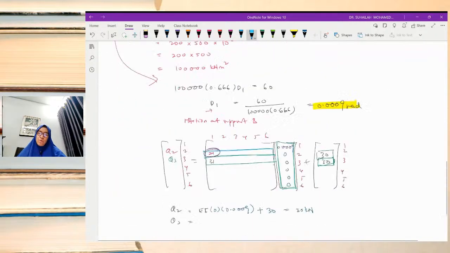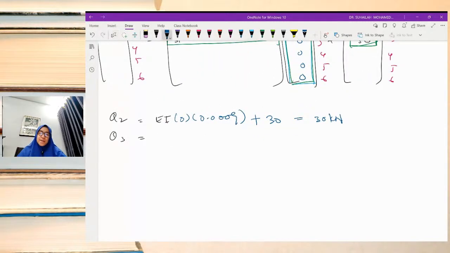We have 0.0417 for 3, 1. So the equation is EI times 0.0417 times 0.0009, plus 30. It doesn't matter if we do not divide the displacement by EI, because EI will cancel if D is in terms of EI.